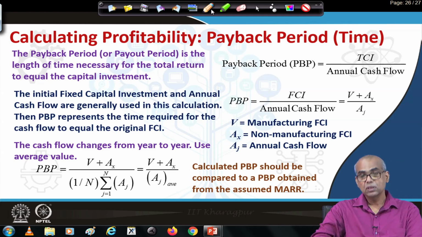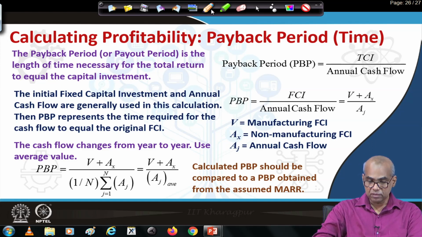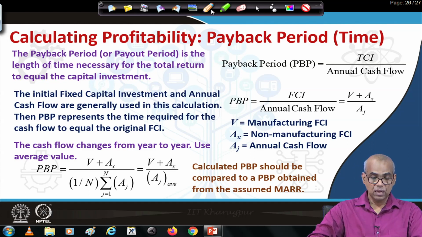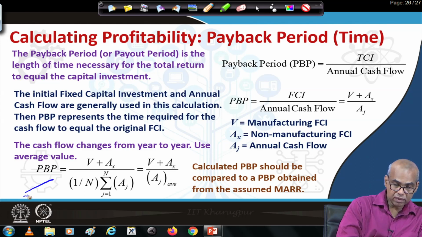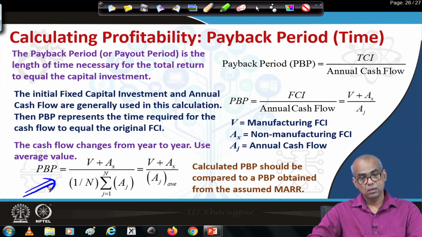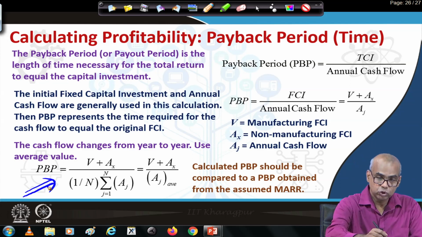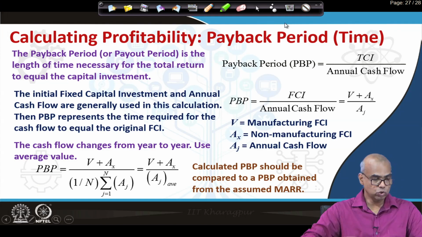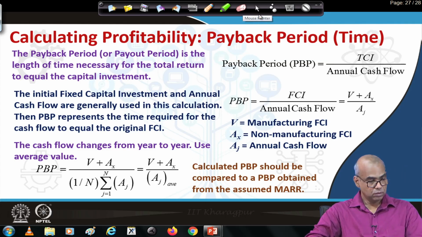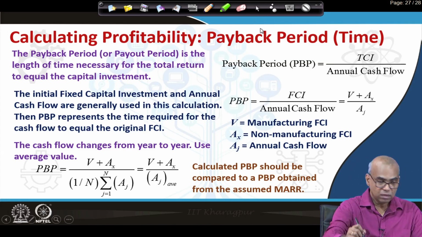So, you assume a minimum acceptable rate of return and then find the payback period based on that minimum acceptable rate of return, and you also find the payback period using this expression. Now, these two values need to be compared. The shorter the payback period, the better the profitability. So, the shorter payback period will be chosen. Now, how will you compute the payback period for a given minimum acceptable rate of return?